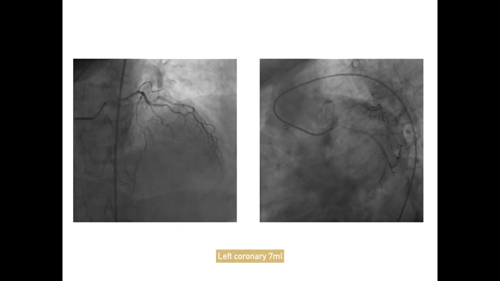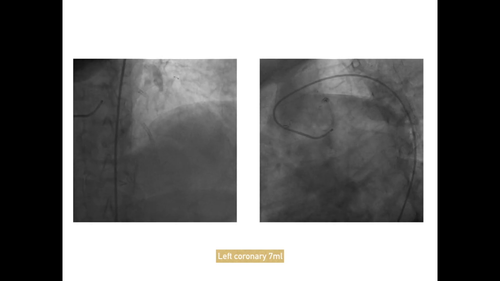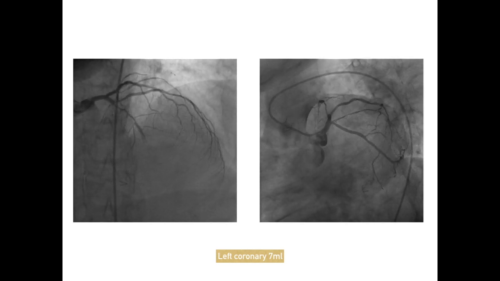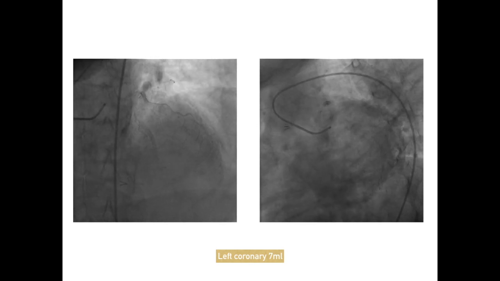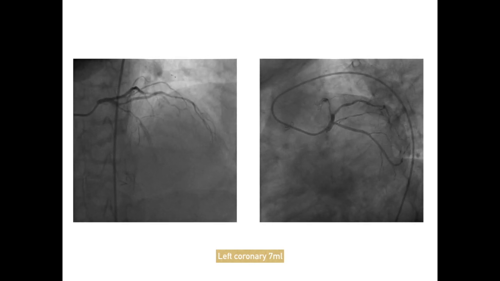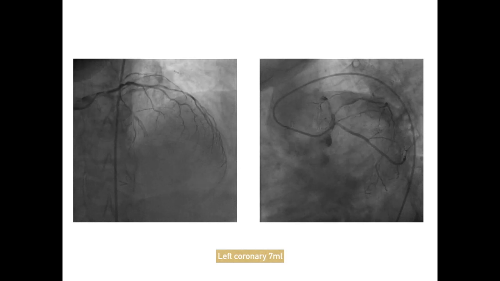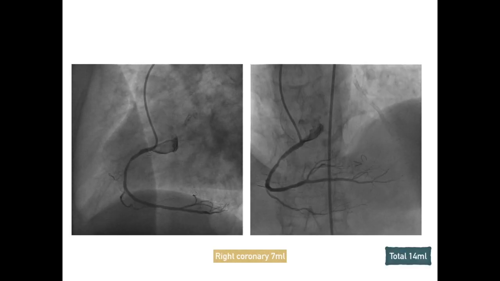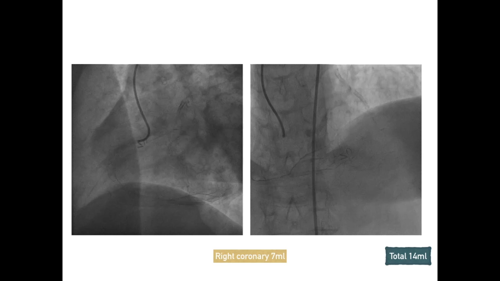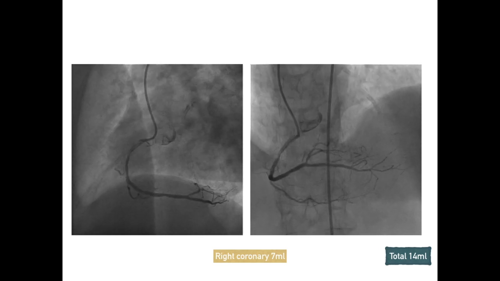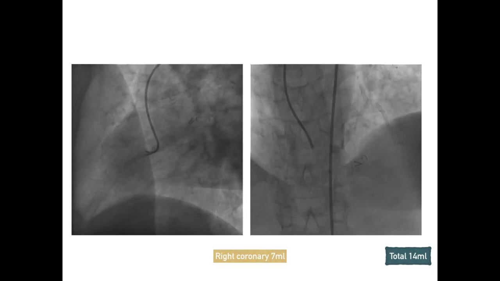As you can see, the left coronary arteriogram shows an occluded stent in the LAD, patent stents in the circumflex with some diffuse disease. Her right coronary arteriogram had a significant stenosis in the proximal mid-segment, which was the probable culprit.